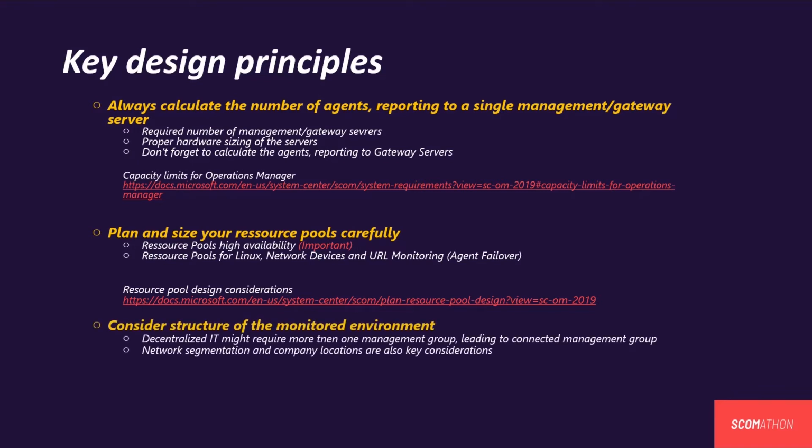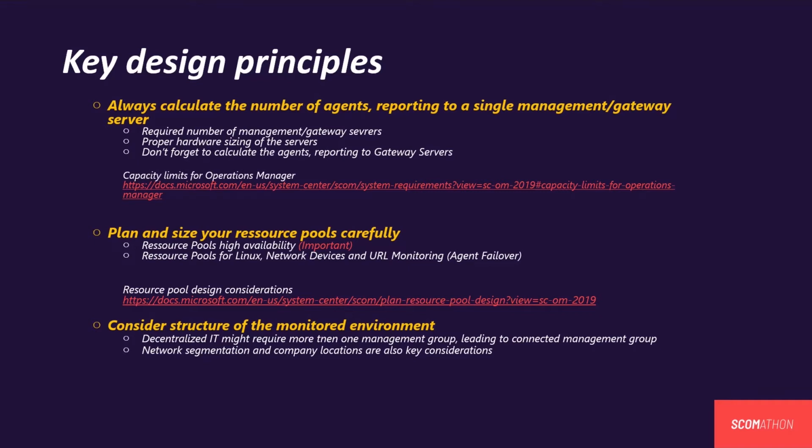So last but not least, we said that how the IT of the company is organized also plays an important role. If you have centralized IT, most probably you would like to have your management group in the central location. But if your IT is spread amongst many offices, then a connected management group design most probably won't be a bad idea.